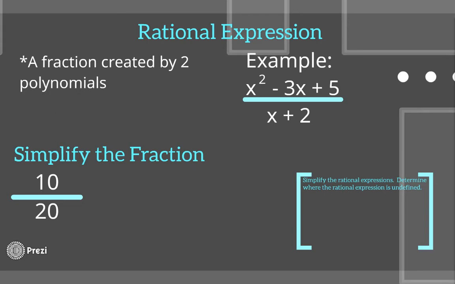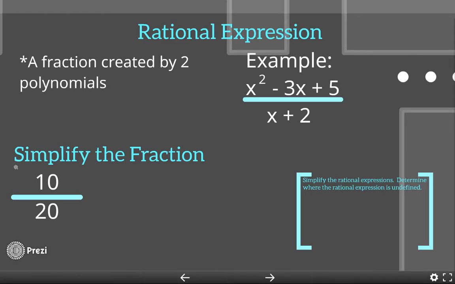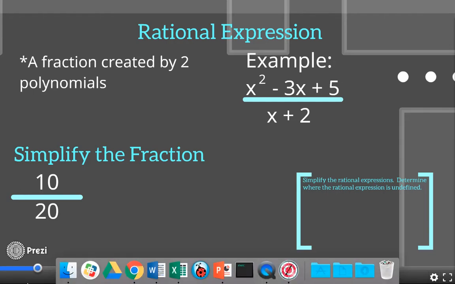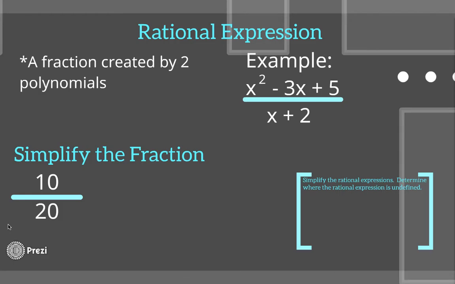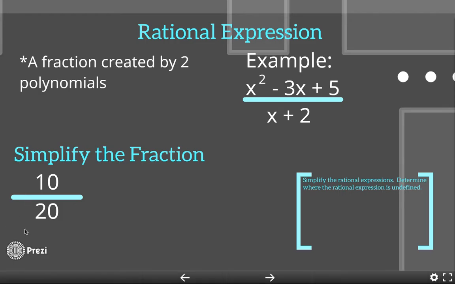We're going to start by simplifying rational expressions. Let's compare it to how to simplify just a normal, good old fraction, 10 divided by 20. When we simplify fractions, we want to divide out things that go into the numerator and the denominator. We want the largest number that will divide into both.